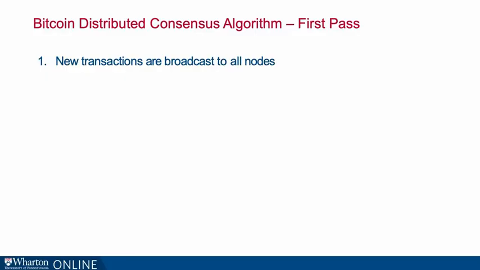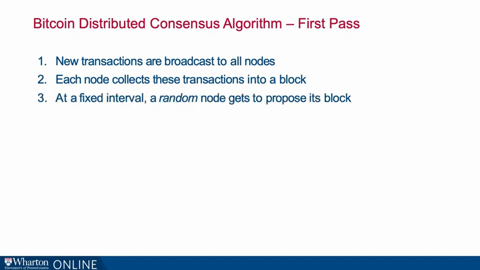So I'm going to take a first pass at the Bitcoin distributed consensus algorithm. So here are the steps. First of all, new transactions are broadcast to all the nodes in the system. Second, each node collects these transactions into a block. Third, at a fixed interval, a random node gets to propose the block it's created.